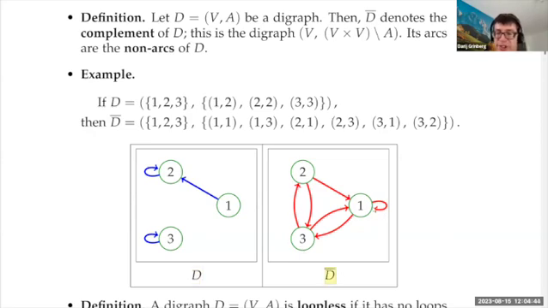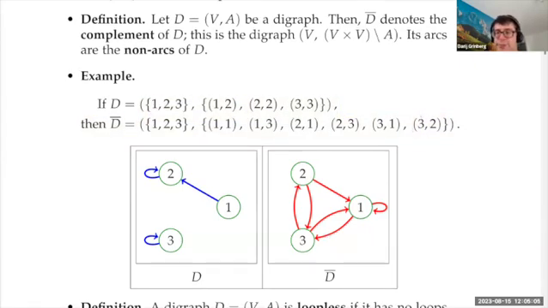For example, you see that D bar has a loop 1 to 1 because D has no such loop. But D bar has no loop from 2 to 2 because D has a loop from 2 to 2. And similarly, all the other arcs are defined. Everything that was here is no longer here, and everything that was missing is now added. And this is the formal way to write down those digraphs.